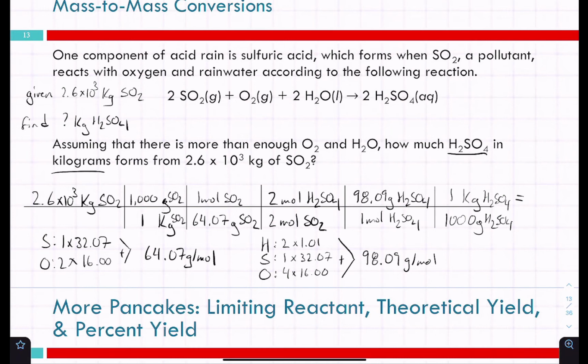So it's long, but the longest part of doing a stoichiometry problem is really finding and calculating those conversion factors. They're either going to come from the balanced chemical equation, the periodic table, or something like grams to kilograms. Now there is something nice about this.